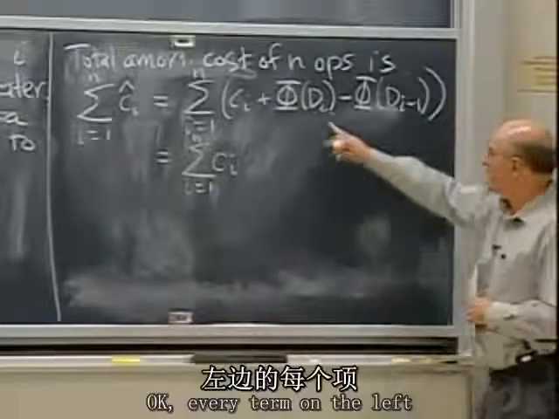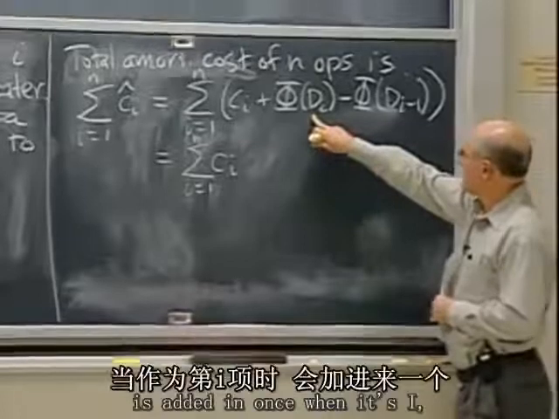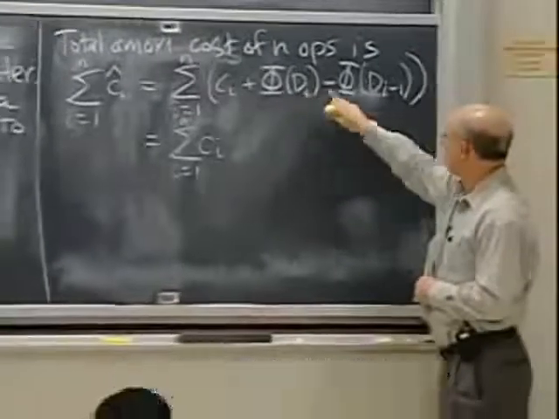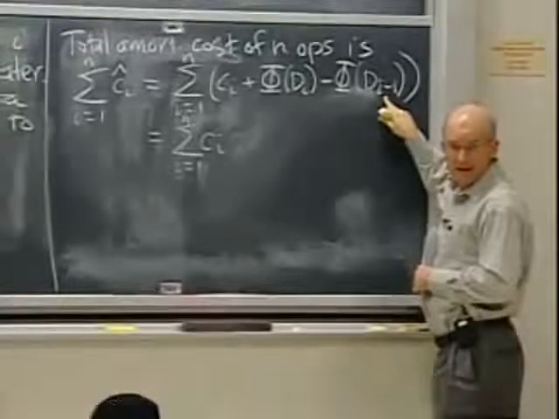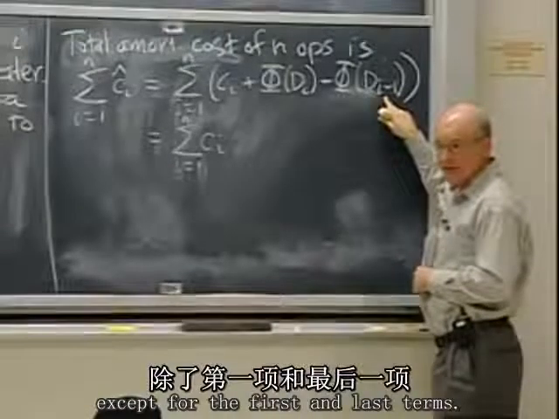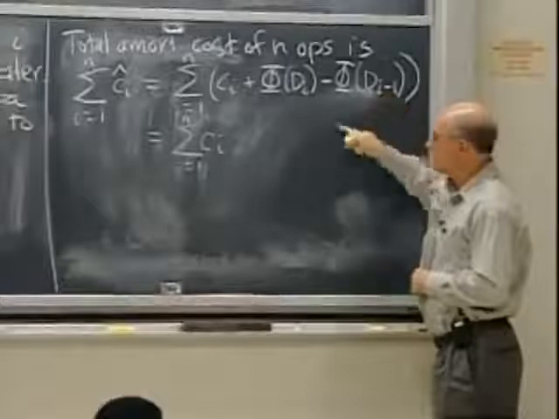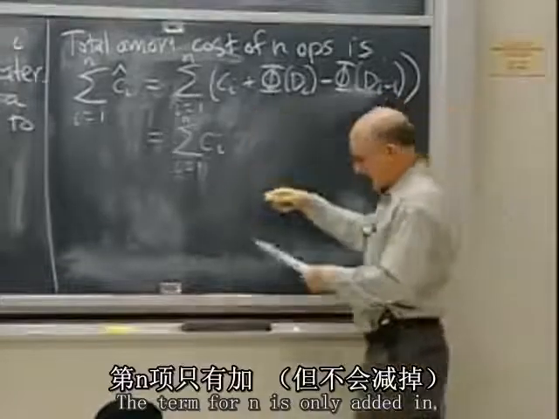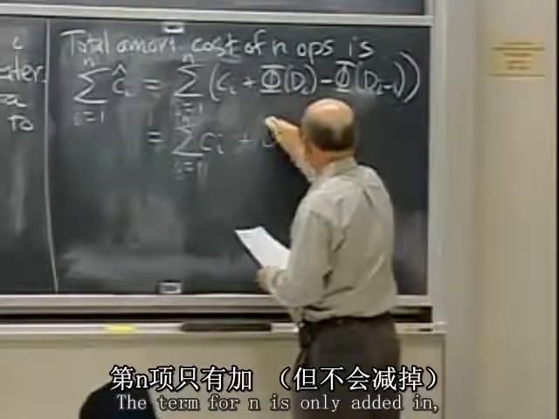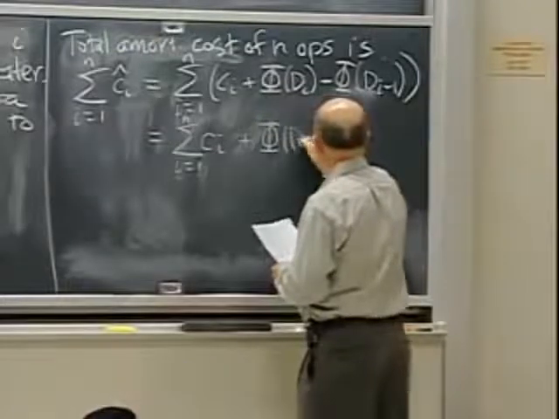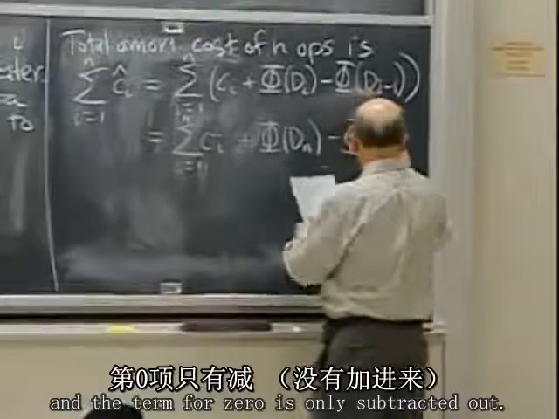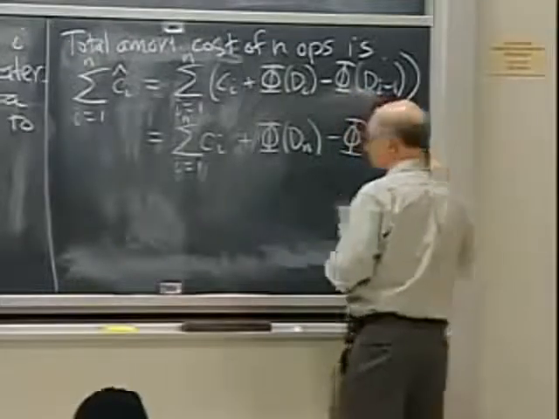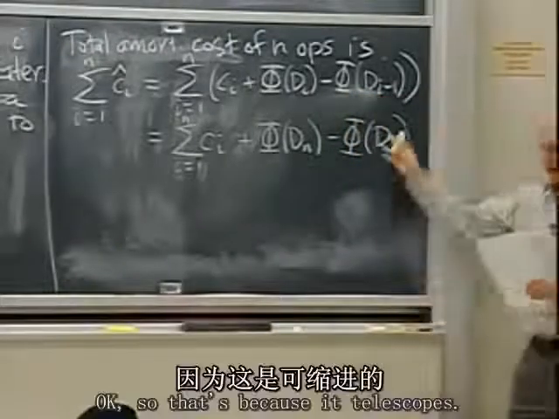Every term is added in once when it's I and subtracted out when it's I minus 1, except for the first and last terms. The term for n is only added in, and the term for 0 is only subtracted out. So this is because it telescopes.